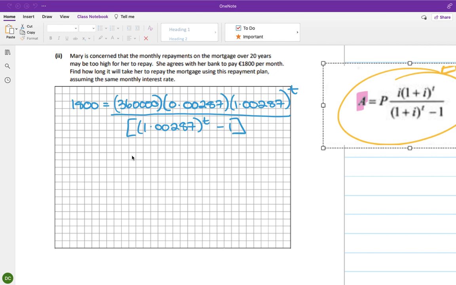So if I multiply by this, so if I multiply by 1.00287 to the T minus 1, I'll cancel that out, but then I have to do that on this side.